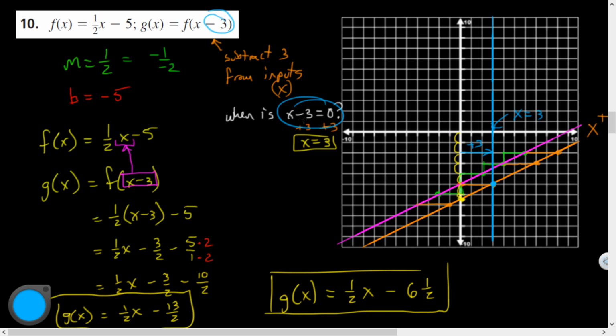It's asking the question, when will x minus 3 equal 0? When x is positive 3. And that's why it's moving to the right. It takes a little while. The easiest way for me is just to remember, for horizontal transformations, you move in the opposite direction that you would think. So I'm going to write opposite. That's how I remember for horizontal.